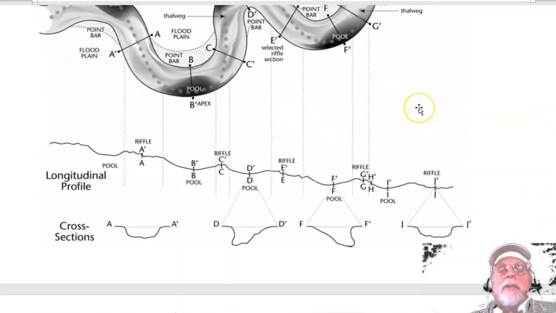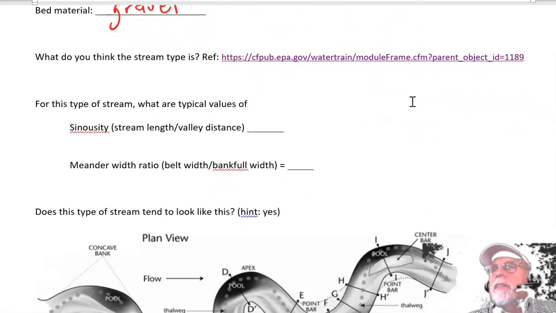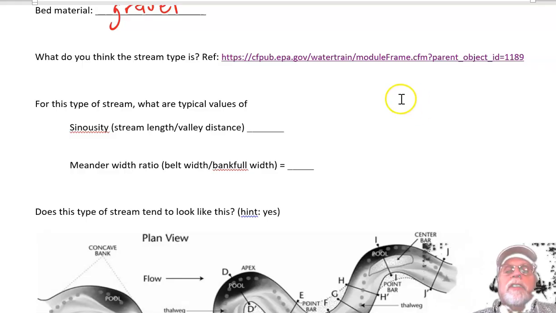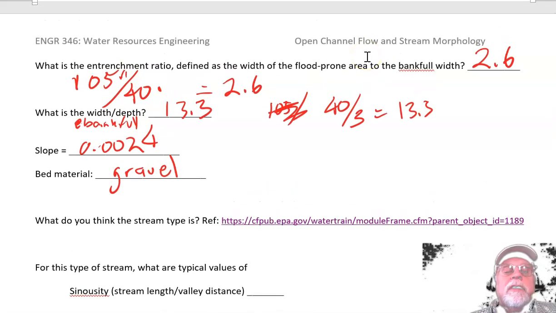So let's go back up to our handout here, and maybe we'll come back to the EPA classification version of the Rosgen classification system. So if I look at these: slope of 0.024, gravel bottom, width to depth of 13, entrenchment ratio of 2.6.